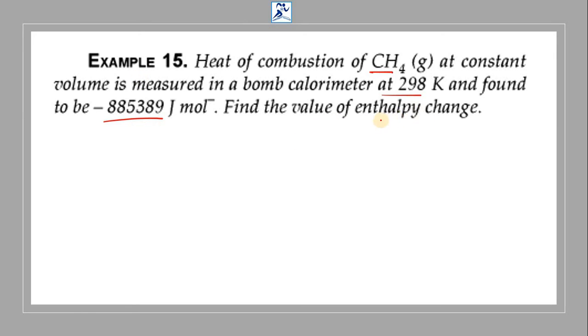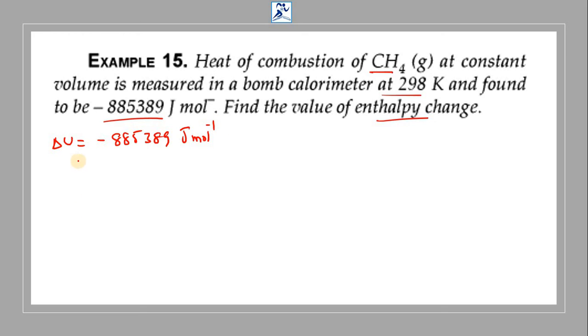Then find the value of enthalpy change. Actually, heat of combustion at constant volume is the internal energy change. So the change in internal energy, delta U, given in the question is minus 885389 joules per mole.